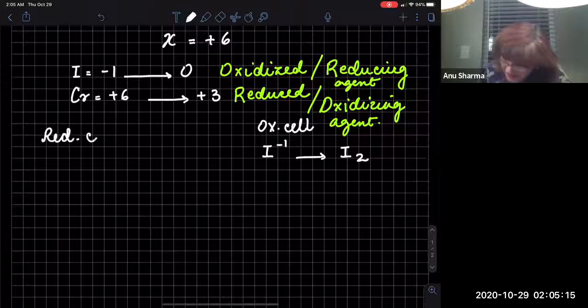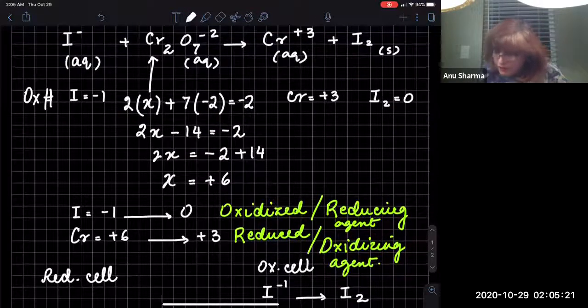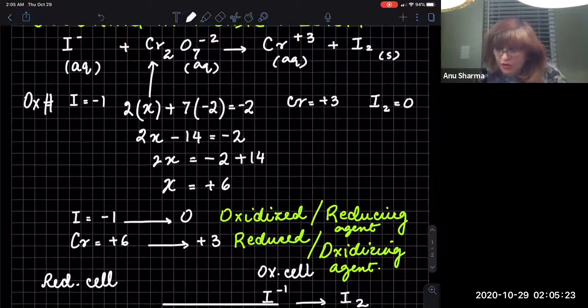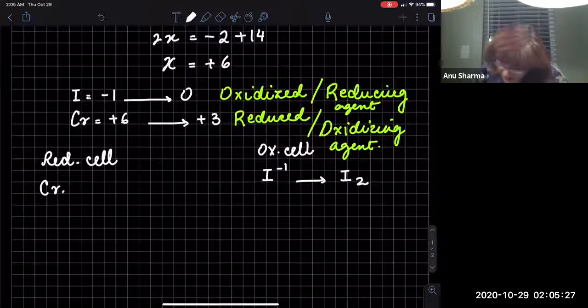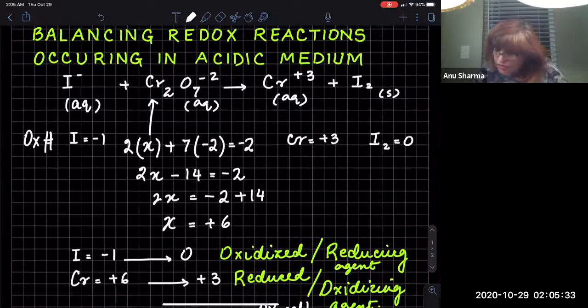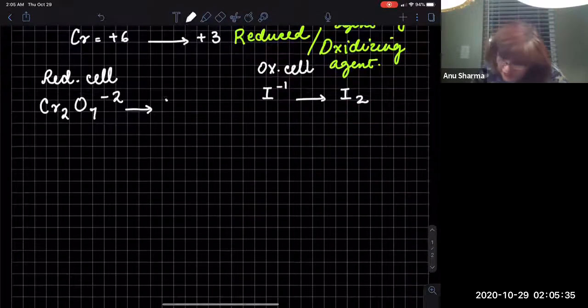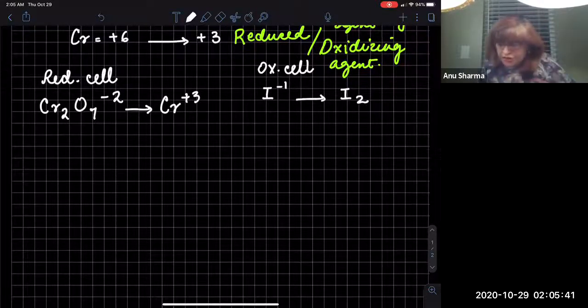In the reduction cell, we are going to put all of the dichromate, Cr2O7 -2, which has gone to the Cr +3 state. Okay, so these are our two cells.